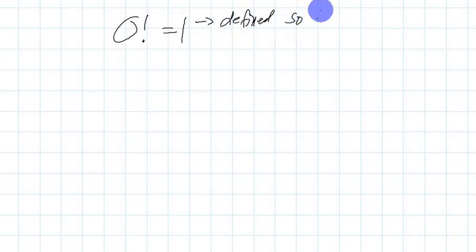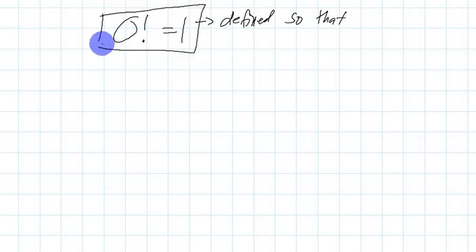One thing as well for factorials is the fact that it is defined that 0 factorial equals 1. Now, this is something that is defined so that other definitions and theorems could work. So this is something that we cannot prove.